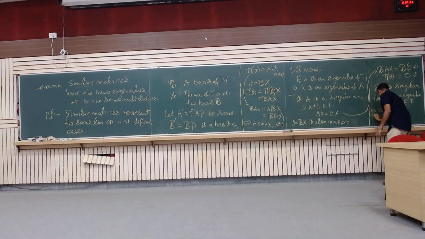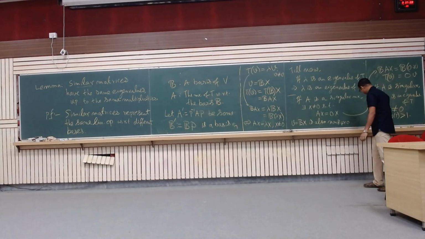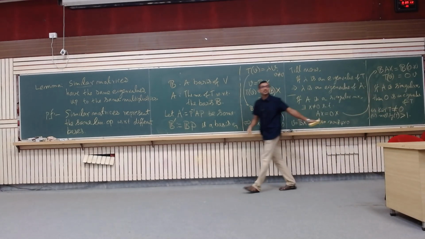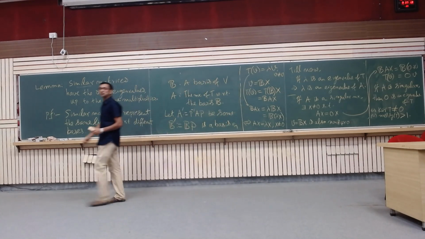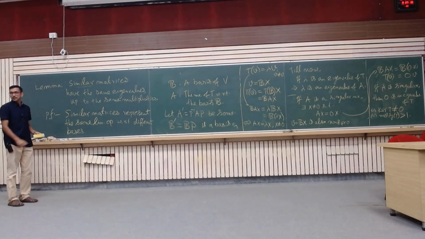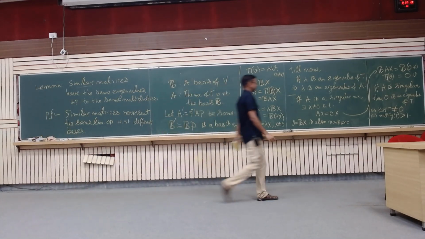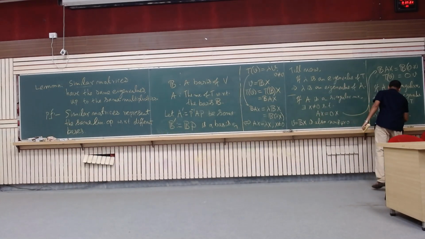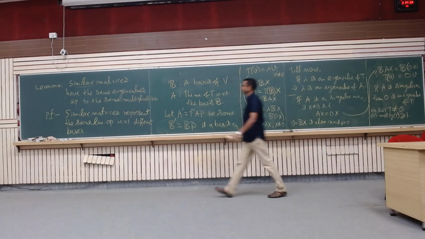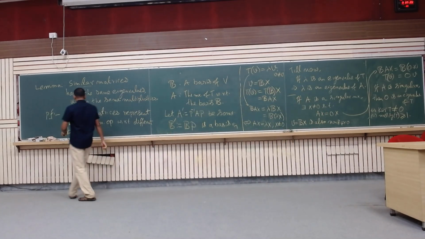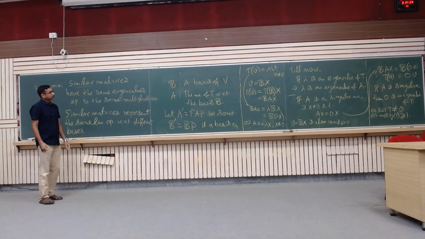In other words, nullity of T is greater than 1. Do you connect this with some problem that you have seen in the exam? Greater than or equal to 1, of course, yes. Yes, thanks. It's greater than or equal to 1.